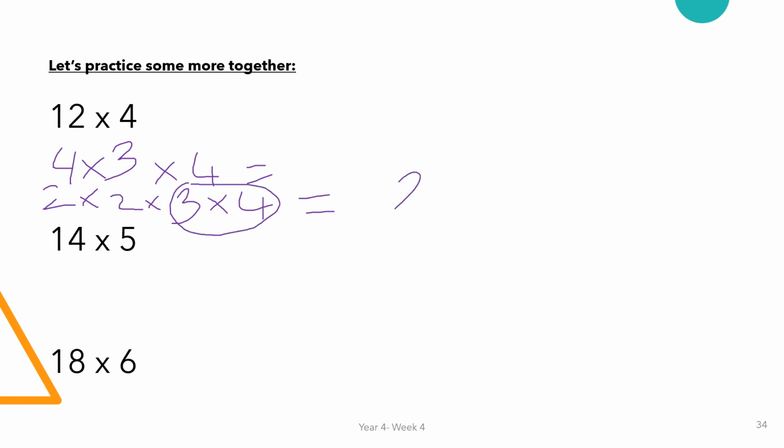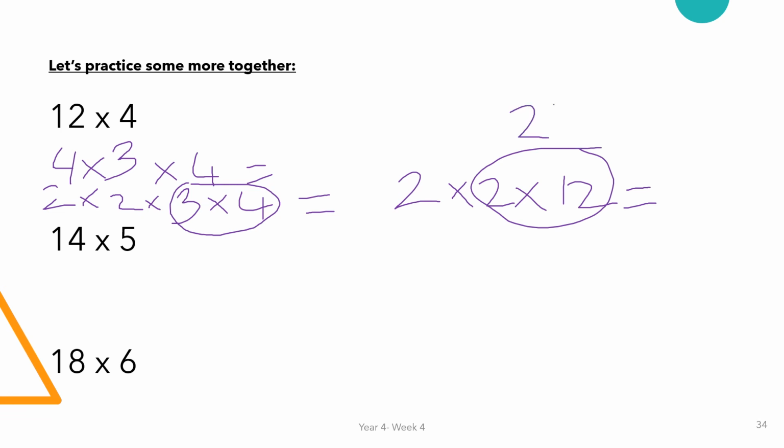So now we've got 2 times 2 times 12. So here, now we've got 12 times 2. We're going to mush that together, and 12 multiplied by 2 is 24. Now we've got 24 times 2, which is basically like the strategies we've used on Wednesday and on Thursday, where we're doubling.